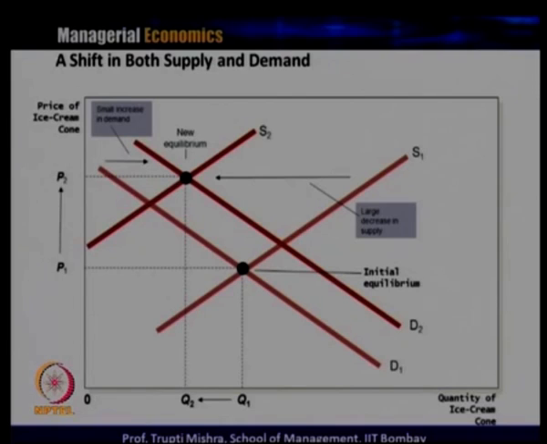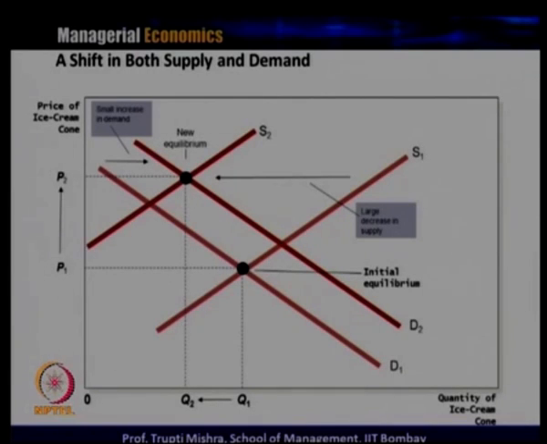That leads to an increase in the equilibrium price from P1 to P2, P2 corresponding to the new equilibrium between S2 as the supply curve and D2 as the demand curve. However, in this case, there is a decrease in the quantity even though there is an increase in the demand.